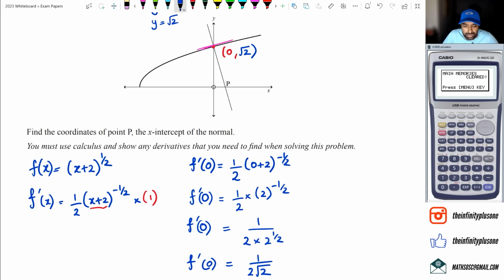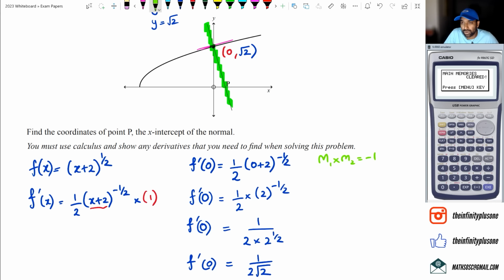Once I've got this gradient, I now need to work out the equation of this particular line, which is the normal. Now I know the gradient is 1 over 2 root 2, which means I've got to work out what the gradient of the normal is. I'm going to go with light green here. So this is where I go, I think it's m1 times m2 equals -1.